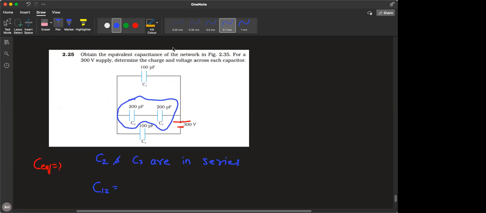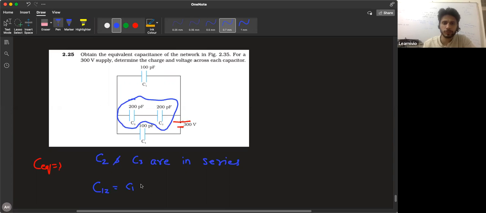No, we don't add in series. The formula is C1 C2 by C1 plus C2. Whereas we add them up when they are in parallel. In series, we don't add them up, we just multiply them. So it's 200 multiplied by 200 divided by 200 plus 200. This comes out to be 100. So the C23 is 100 picofarad.